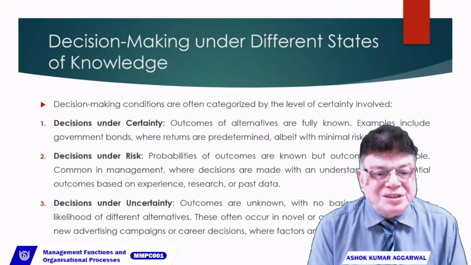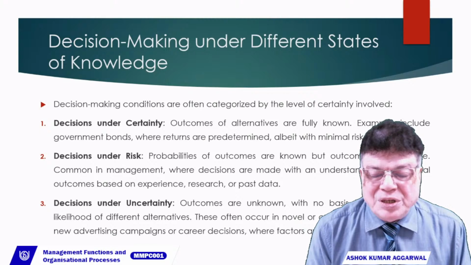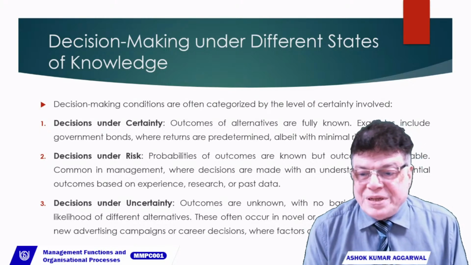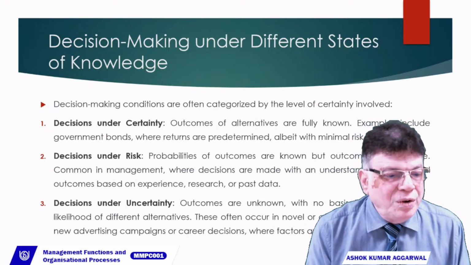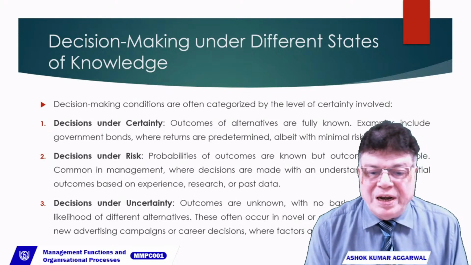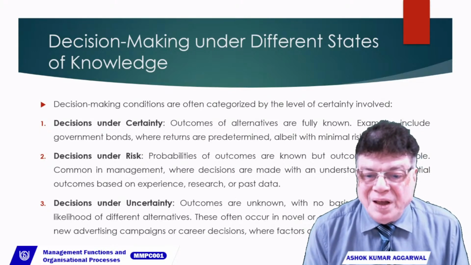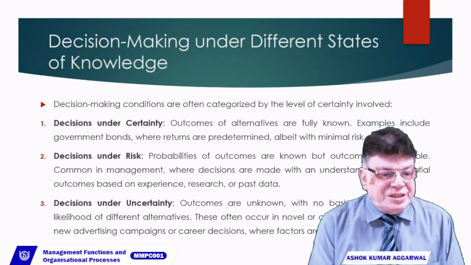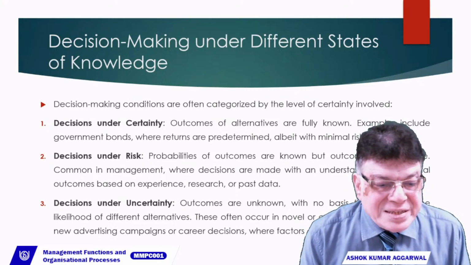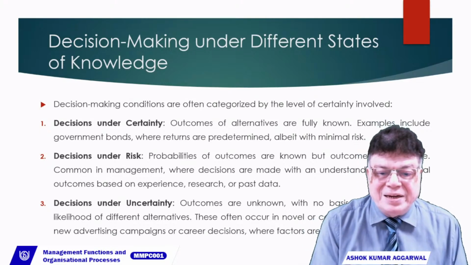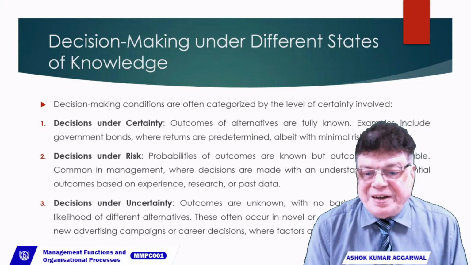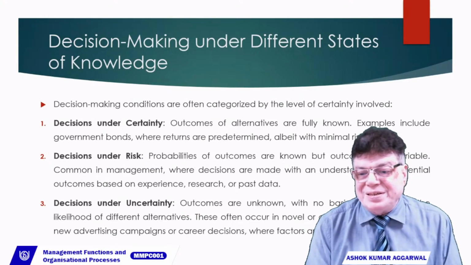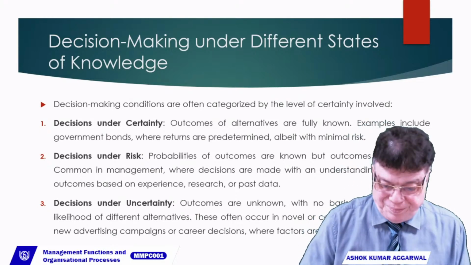Decisions under uncertainty: outcomes are unknown with no basis for predicting the likelihood of different alternatives. These often occur in novel or complex situations such as new advertising campaigns or career decisions, where factors are difficult to assess reliably.